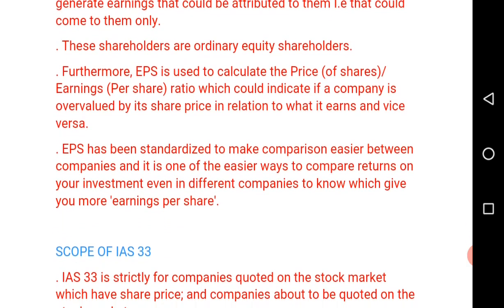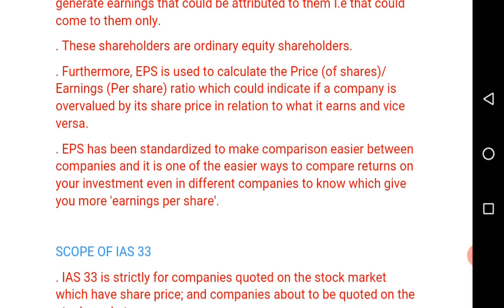It says EPS has been standardized to make comparison easier between companies, and it is one of the easier ways to compare returns on your investment even in different companies, to know which gives you more earnings per share. Now the earnings per share here is in inverted commas.